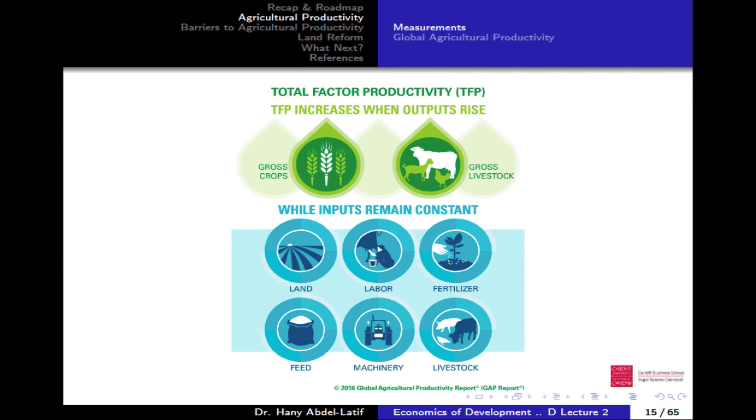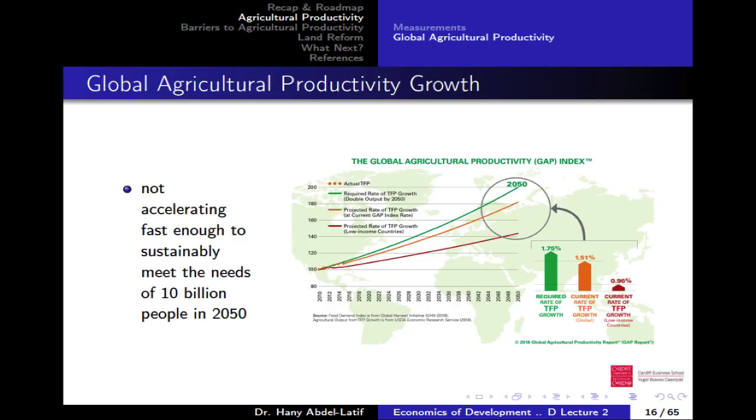Of course, total factor productivity can be applied to any production process, not just in the agriculture sector, but we're just trying to link this to what we are talking about here. So looking at these global figures about global agriculture productivity growth, the dotted line is the actual total factor productivity today.